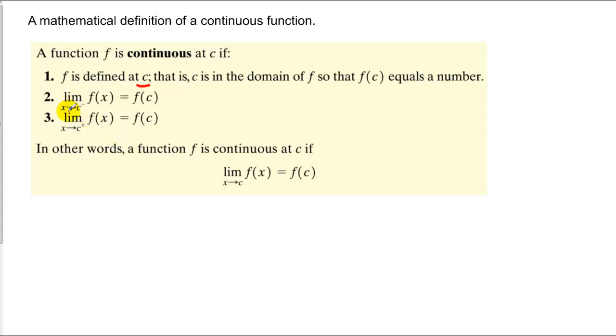There's a limit as x approaches c from the left of some f of c value, and a limit as x approaches c from the right approaches that same y value. So in other words, the limit of f of x as x approaches c is basically equal to f of c. We get a straight substitution limit, which is what we've been doing all along.